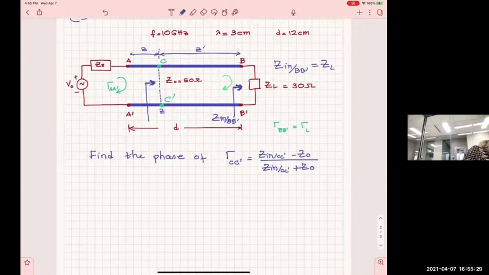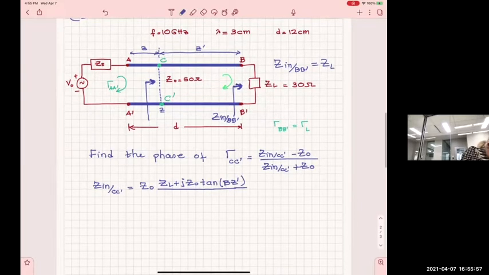Let us try to find Z input at C prime, which is Z naught times ZL plus j Z naught tangent of beta Z prime, over Z naught plus j ZL tangent of beta Z prime, according to our formula. Z prime is this one up there.